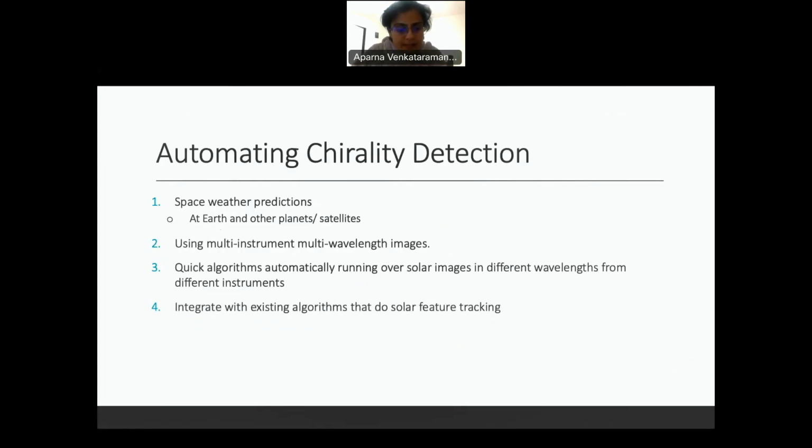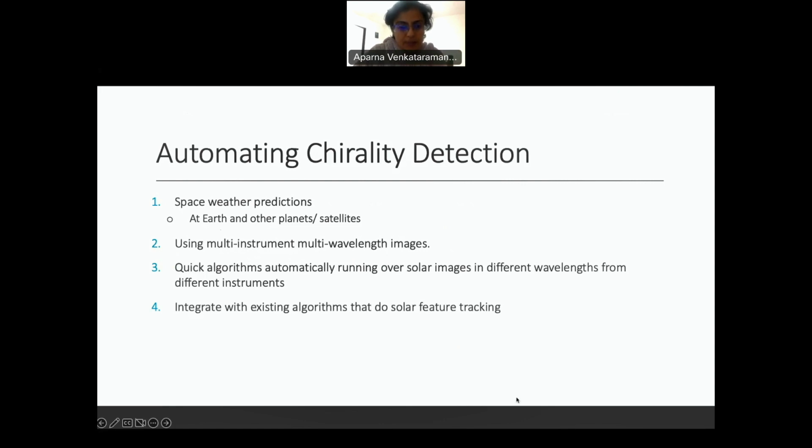So, automating chirality detection. Because filaments can be successfully used for predictions, we think automating the process will make it even more robust. This can also be further integrated with already existing feature tracking tools such as HEK, and in time most other wavelengths can also be incorporated.